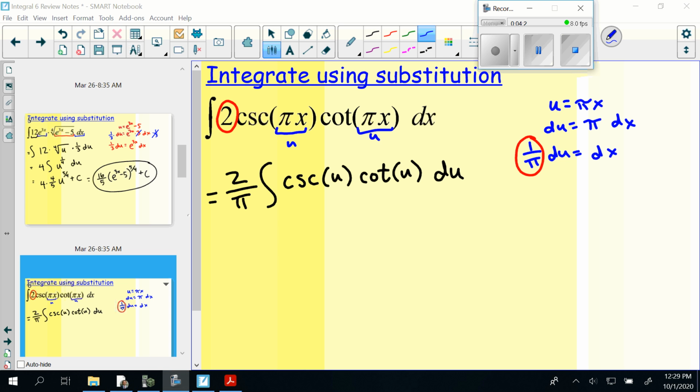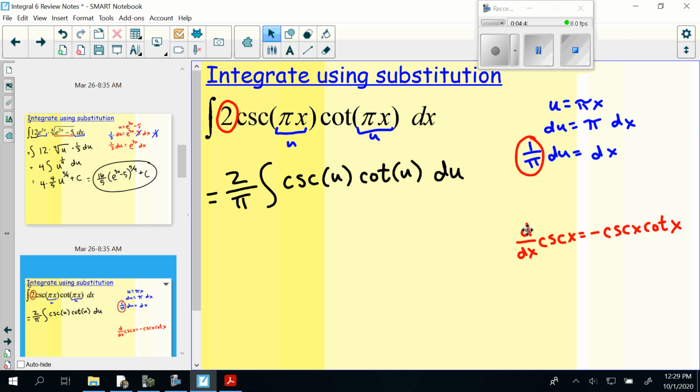Well, we have a derivative sort of similar: the derivative of cosecant is negative cosecant x cotangent of x. So that's very similar to the one we got here, except the integral we have in this problem isn't negative, which means the antiderivative of this one should end up being negative cosecant of u.